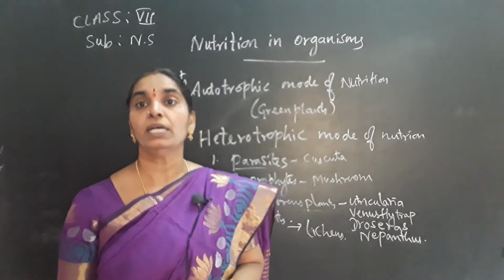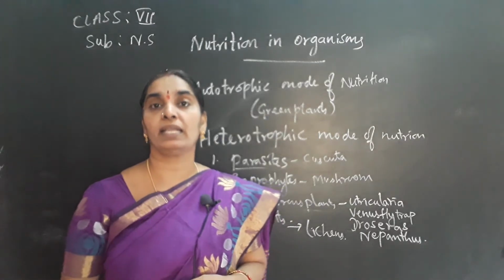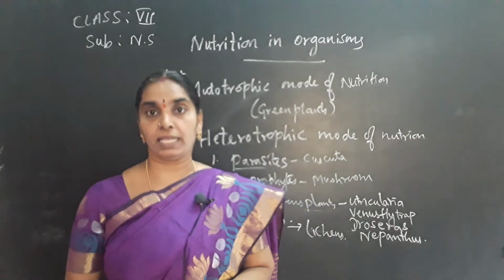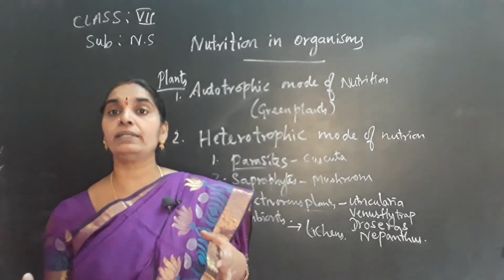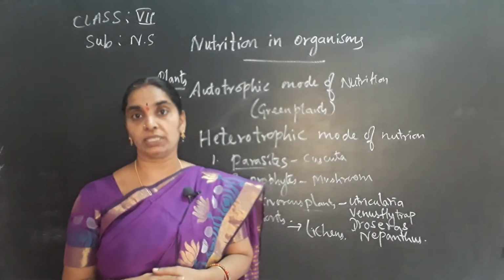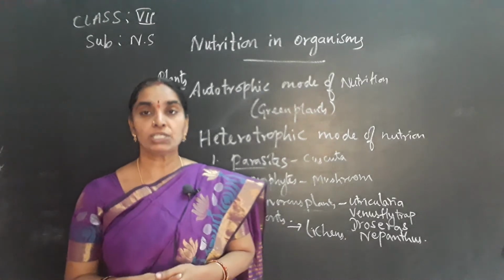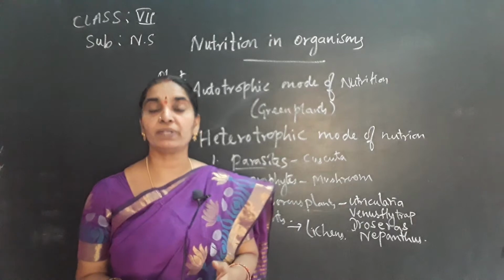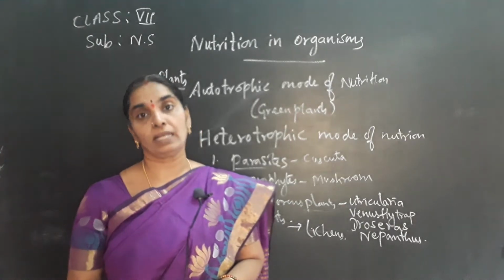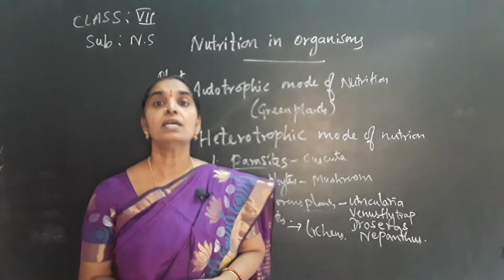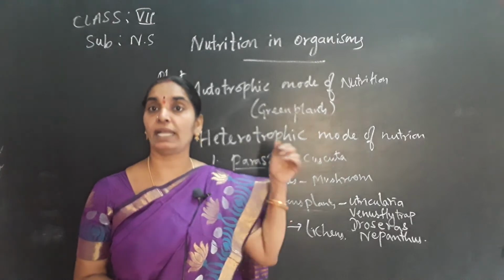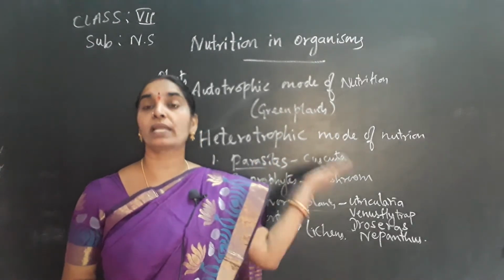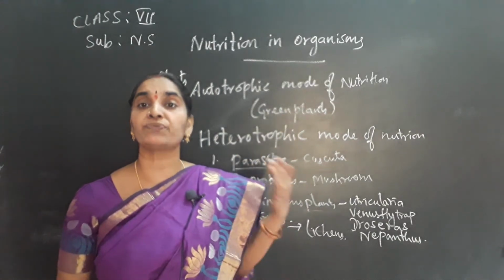In such a manner, there is a symbiotic relationship between these leguminous plants and the bacteria. So two organisms are interdependent on each other for food and shelter. These are called symbionts, and the relationship between them is a symbiotic relationship. The mode of nutrition is symbiotic or heterotrophic, where the organisms depend on other organisms for food.